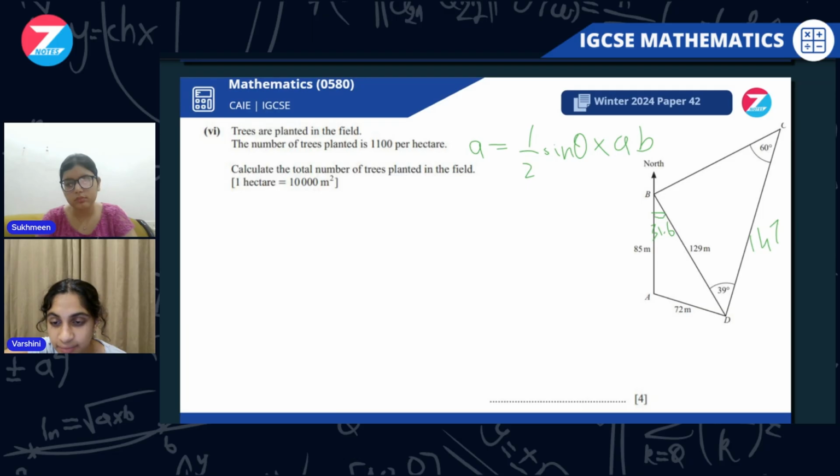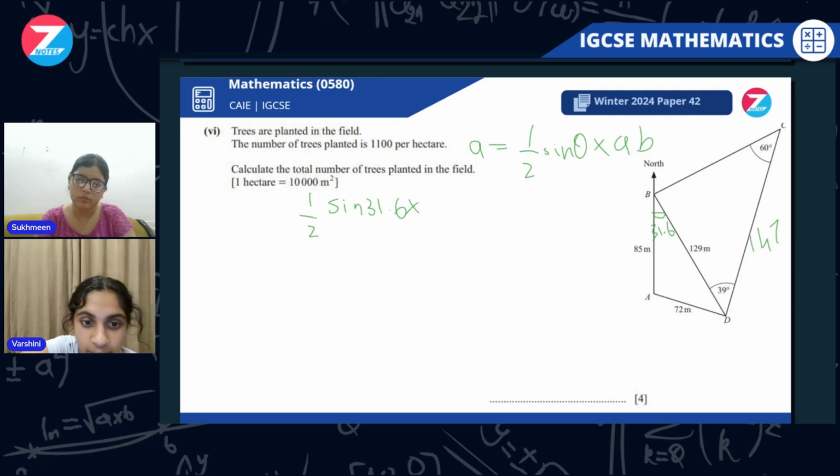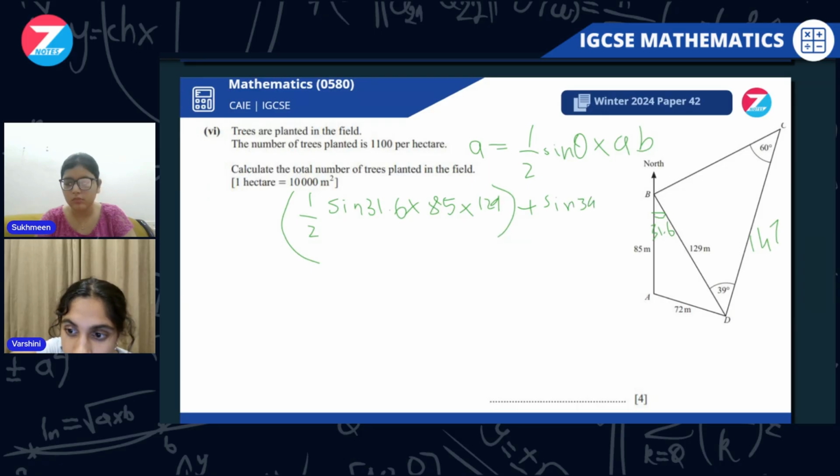So to find the area of these two triangles, for this triangle, it's going to be 1 by 2, sine 31.6 into 85 into 129, plus the area of this triangle, which will be 1 by 2, sine 39 into 129 into 147.